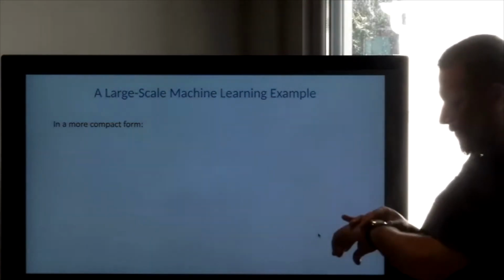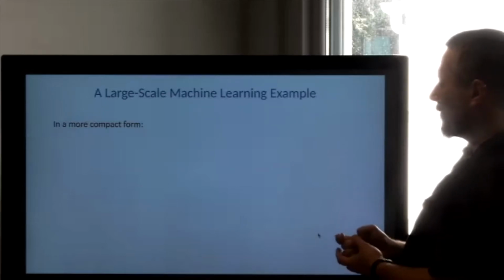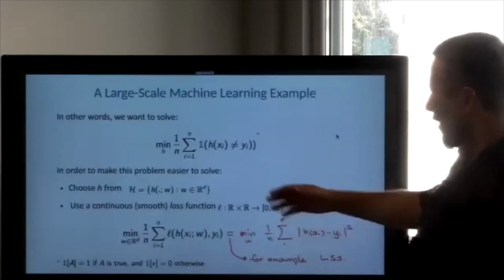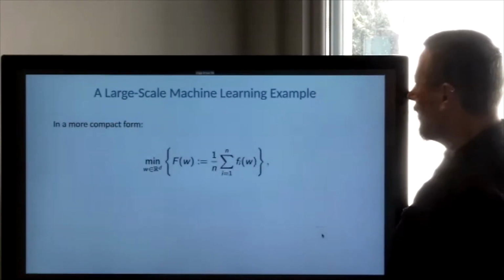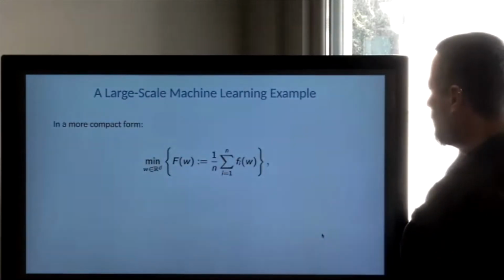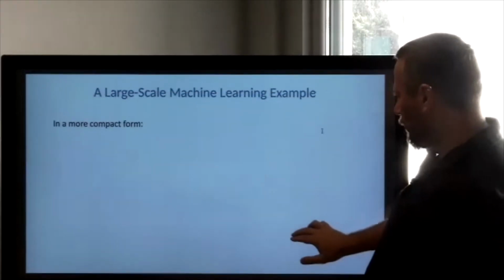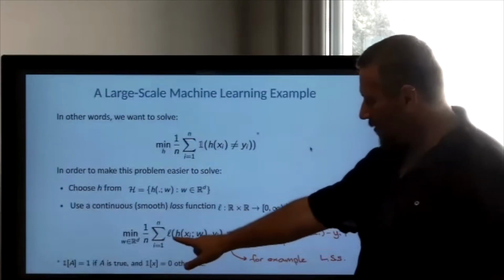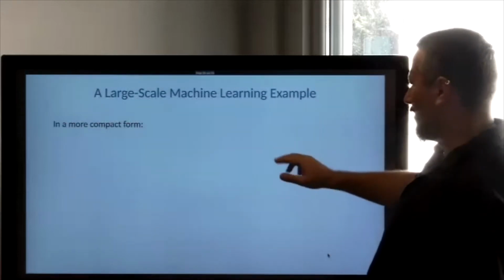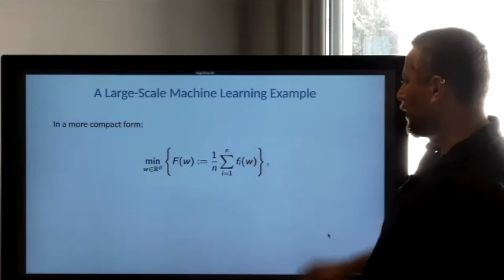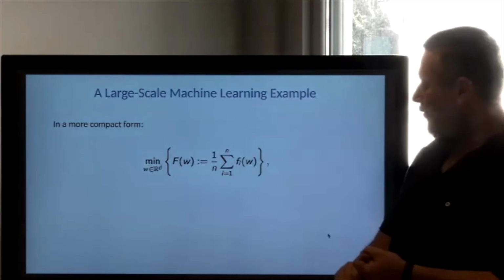All right, so let's try to put this in a more compact form, and I don't want to deal with this L and H all the time. I'm going to call these functions L, H of xi and omega and yi just fi of omega, where i means I'm using the ith input and ith output.